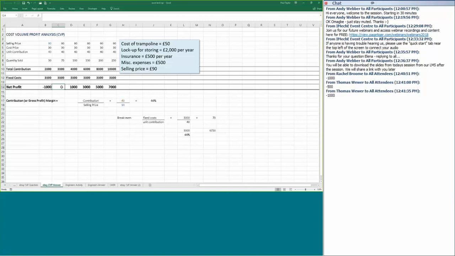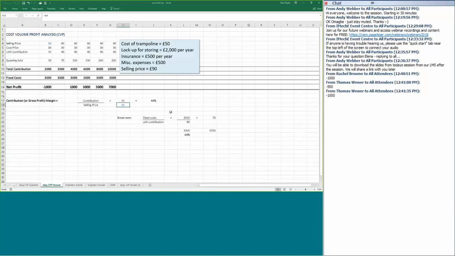It's the break even. Now you will also hear terms such as margin or gross margin or contribution margin, and you calculate that by putting the contribution of 40 over the selling price of 90, and that gives us a contribution margin of 44%.